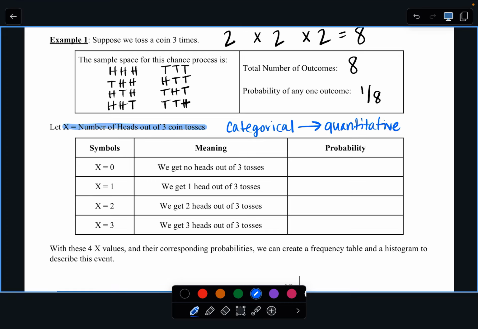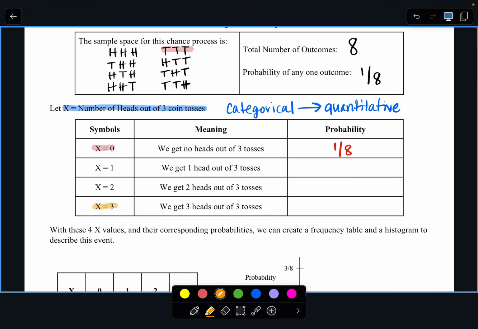I'm going to go for the obvious ones first. X equals 0, getting no heads at all, is when I have tails, tails, tails, which would be 1 out of 8. The next obvious one is getting 3 heads out of 3 tosses, which is going to be heads, heads, heads, and so that's going to be another 1 out of 8.